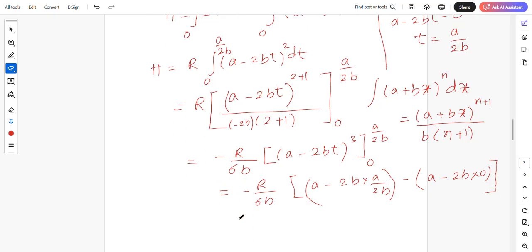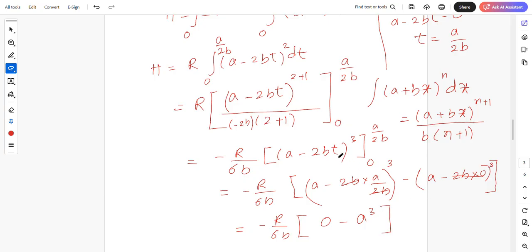That is equal to minus R by 6b ಆಗುತ್ತೆ ಅಲ್ವೇನಪ್ಪ, into ನೋಡಿ 2b gets cancelled, a gets cancelled, ಇದು 0 ಆಗುತ್ತೆ, right? Minus of ಇದೇನಾಗುತ್ತೆ? Minus of a. Here you have forgotten the power of 3. To the power of 3 ಇರಲೇಬೇಕಪ್ಪ ಇಲ್ಲಿ. a minus of ಏನಾಗುತ್ತೆ? Minus of a cube ಆಗುತ್ತೆ, right?